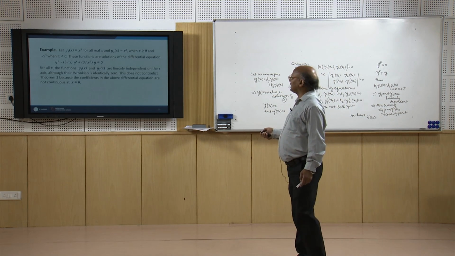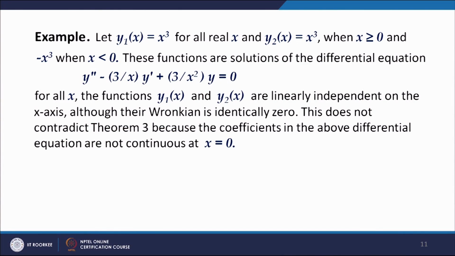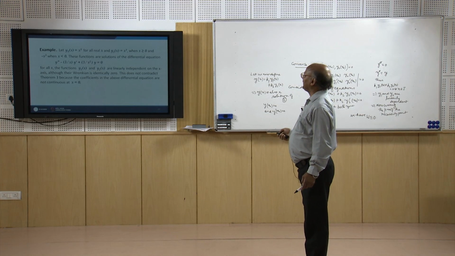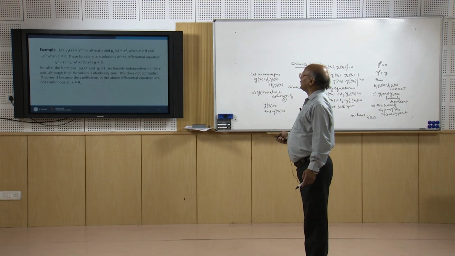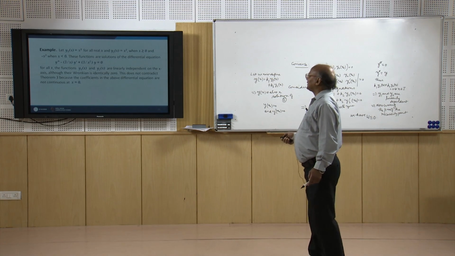Here we are seeing that although the functions y1, y2 are linearly independent, their Wronskian turns out to be identically 0. This example does not contradict theorem 3 because the coefficients in this equation, f x is minus 3 by x and g x is 3 by x square, are not continuous at x equal to 0. So because they are not continuous at x equal to 0, it does not contradict theorem 3.